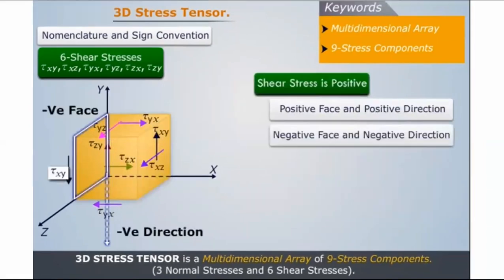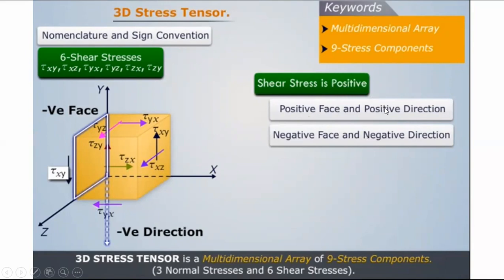Now, shear stress, whether it is positive or negative, how do we calculate, or what is the sign convention? If the positive phase and positive direction are given in the diagram, then it is called positive shear stress. Both, that means direction and phase should be of the same sign. Here you can say negative phase and negative direction will generate positive shear stress.